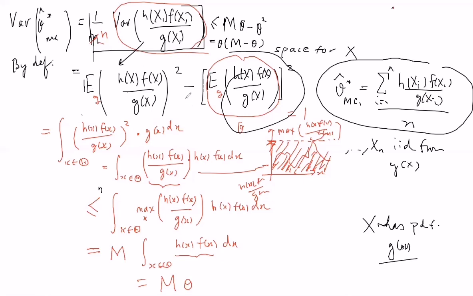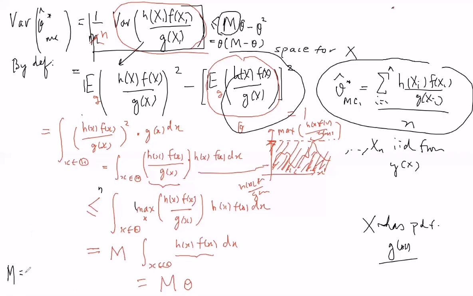Okay, so we know that it's bounded by m times theta minus theta squared, right? So this is an important constant here. Okay, so let me just write it down at the corner.